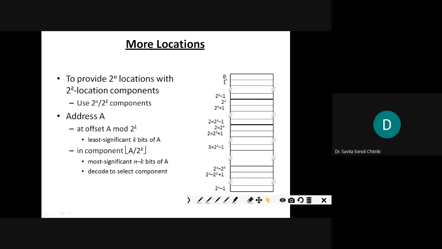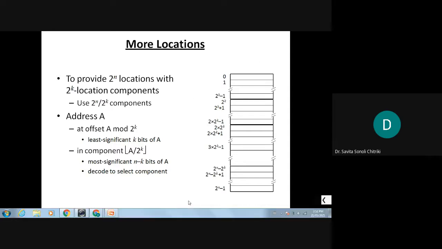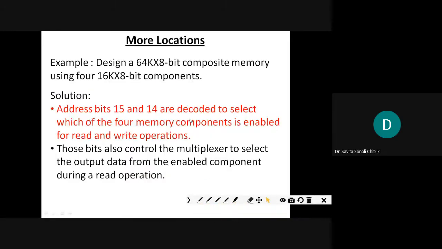Can you draw the figure? Design using 16K cross 8. You need four to make the composite memory.